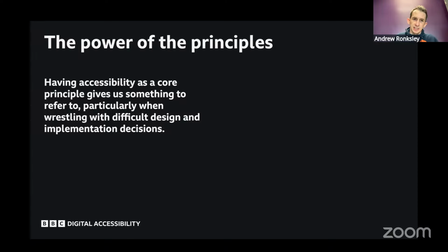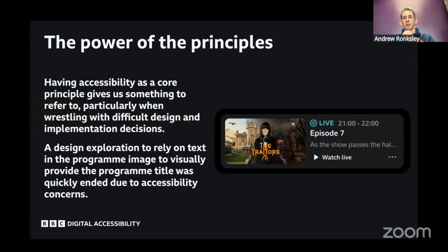So I just wanted to give an example as well of the power of having these principles. Having accessible as a principle can be really beneficial down the line. It gives you something to refer back to, particularly when you're wrestling with these difficult design and implementation decisions, which invariably will happen. One example that we had at one point was when we were working on content cards. Our content cards come in different shapes and sizes.